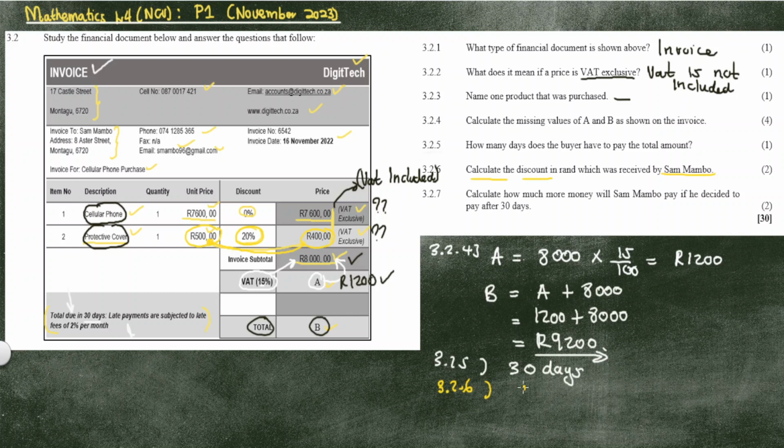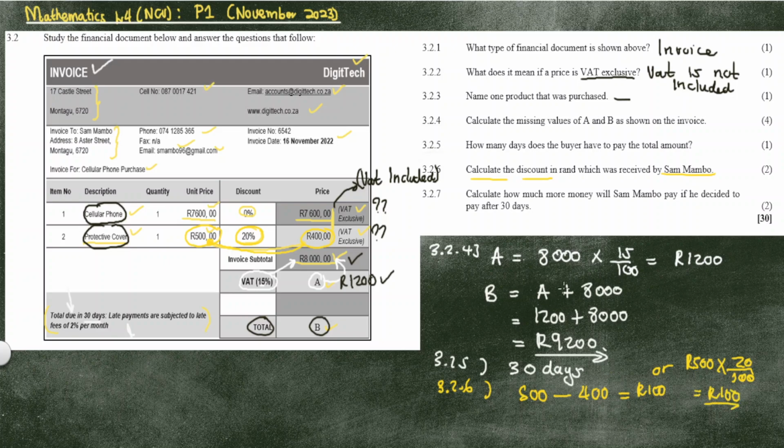So it's going to be 500 minus 400 is equal to 100. Or maybe you can do it this way, 20% discount value: 500 multiplied by 20 over 100. So again you still get 100 rand.